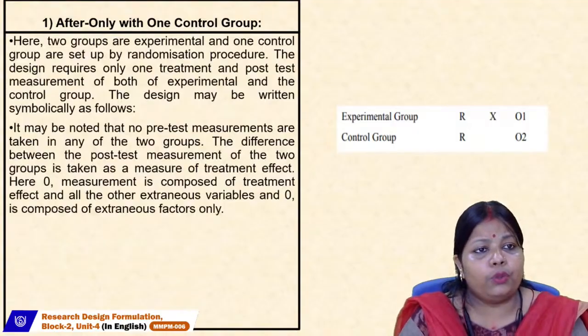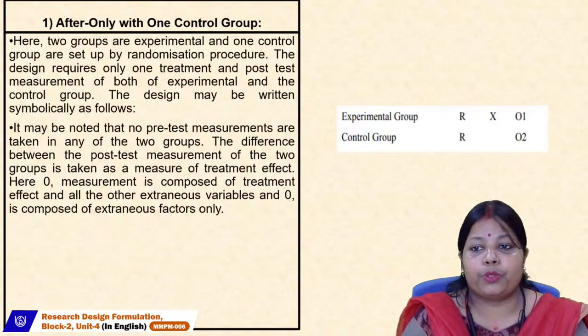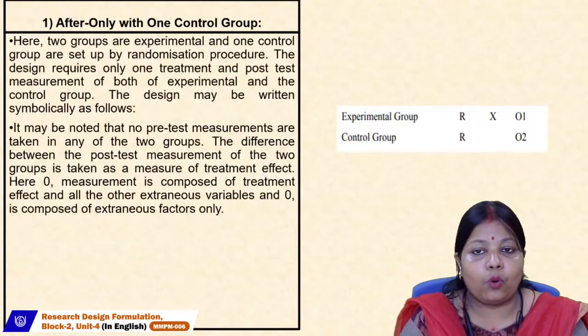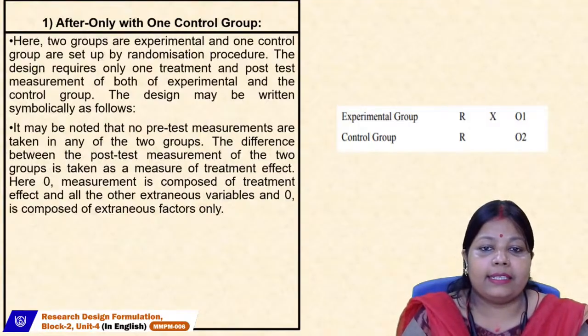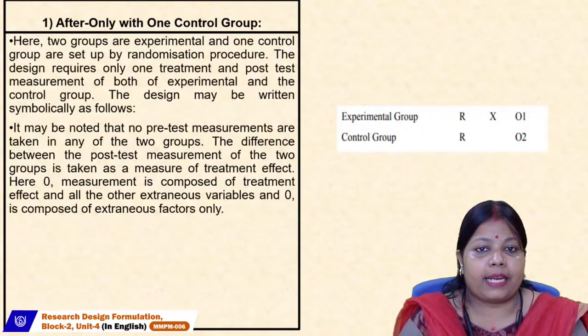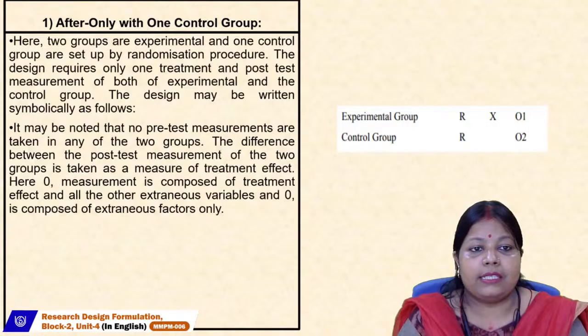here two groups are experimental and one control group. So we have settled that X, O1 and O2, that is measurement or observed, and the design requires only one treatment, and post-test measurement of both experimental and the control groups is required.